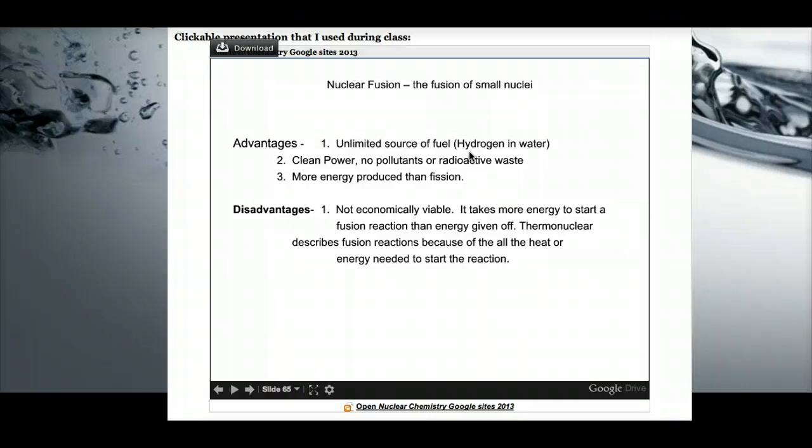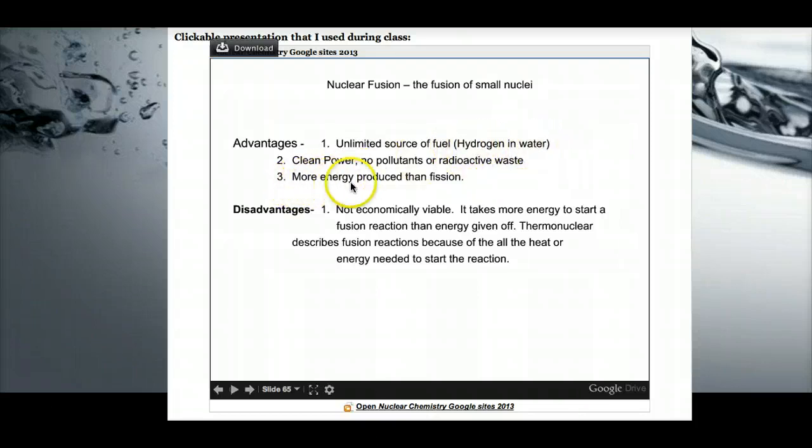It takes a lot of effort to get enough to make fuel to run reactors and bombs. But there's enough hydrogen in water to produce unlimited amounts of nuclear fusion. And it's clean. There are no pollutants, and no radioactive waste builds up. And a glass of water can run Manhattan for many, many years.